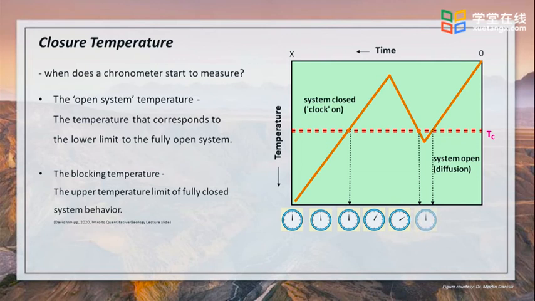The mineral turns to an open system, where the geological clock is therefore reset. Closure temperatures are used in geochronology and thermochronology to date events and determine rates of processes in the geological past.